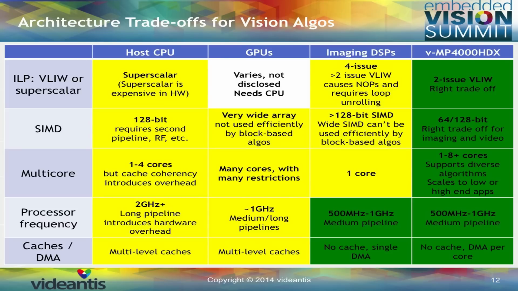You have to do a lot of extra things to make sure you can execute this single operation on a lot of data. So we decided not to go too wide, and we're a lot narrower than some of the other vision and imaging architectures. So we do less processing per cycle per core, but we decided to have multiple cores.